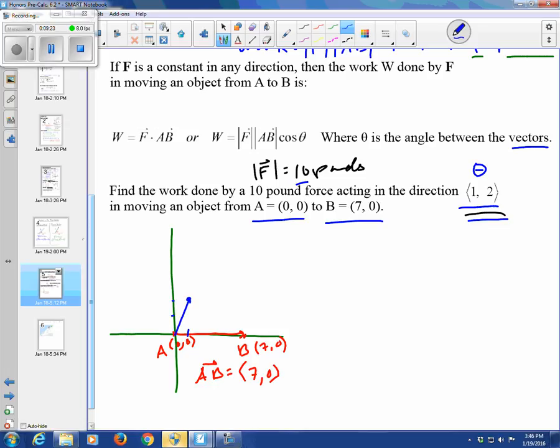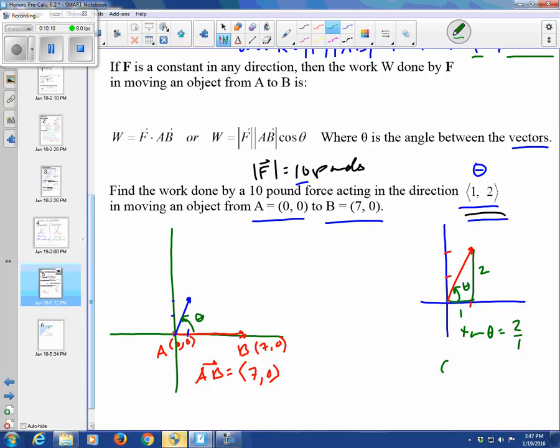We've got a couple different methods of doing that. In general, if we think about this vector as creating a reference triangle with the vertical component as the opposite side and the horizontal component as the adjacent side, we can determine the angle between our two vectors, theta, with the tan function, because tan of that angle theta in the reference triangle is going to be the opposite over the adjacent, or 2 over 1.